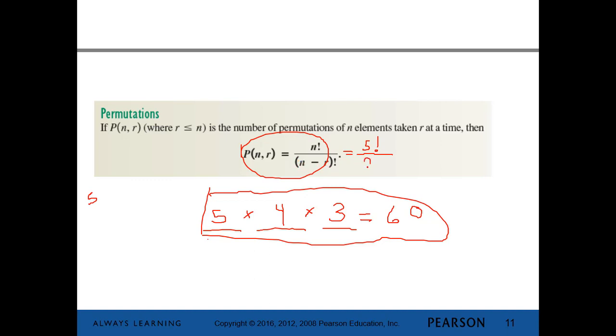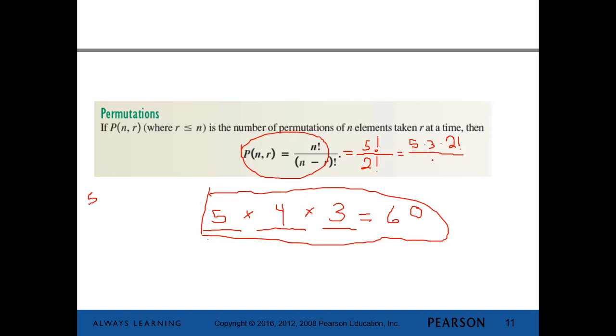So this is going to end up being 2 factorial. Now, I could go ahead and use my calculator and figure out what 5 factorial is and what 2 factorial is and then divide those. But I could also do this. Watch this. I can write this as 5 times 3 times 2 factorial, right?